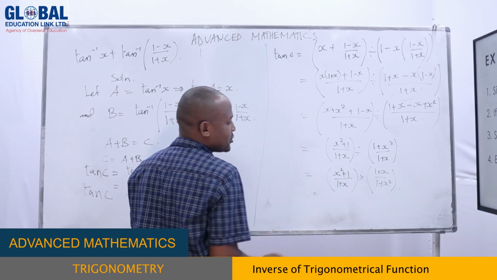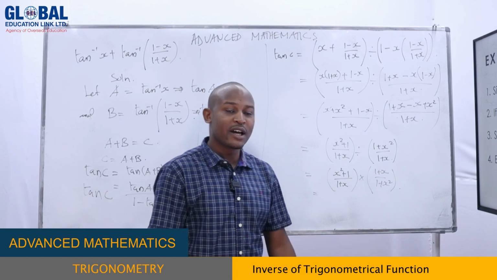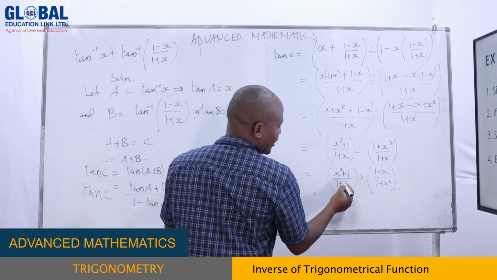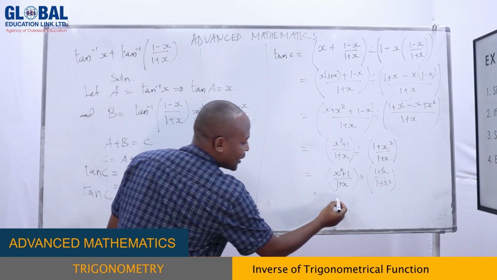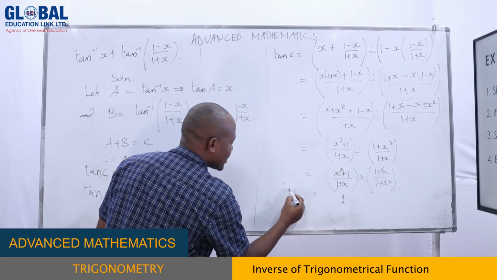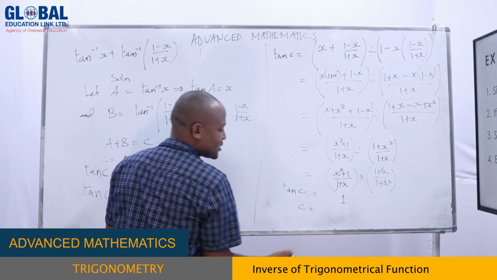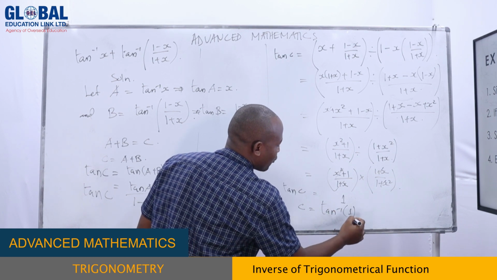If you look carefully, you see these two things are reciprocal to each other. That means this is the reciprocal of that. That is to say, this and that can go, this and that can go. That is to say, we have 1, and this equals tan C. And what is C? That is to say, we have tan inverse of 1.